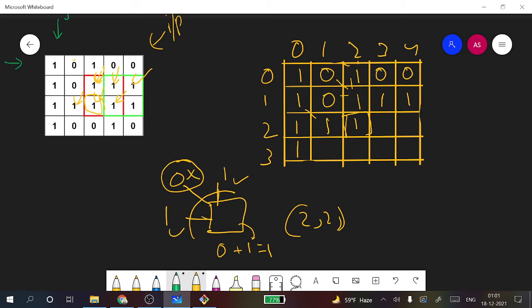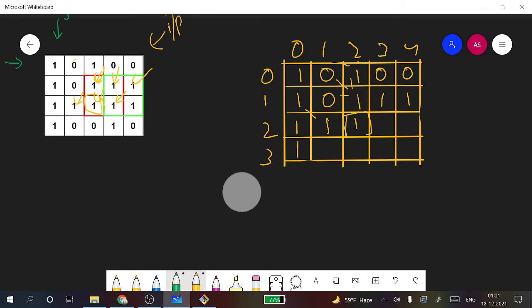Now for this, which is 2 3, we can see the value is 1, that means we can consider this block 2 3. We will try to expand this upwards. Yes, 1, it is possible.